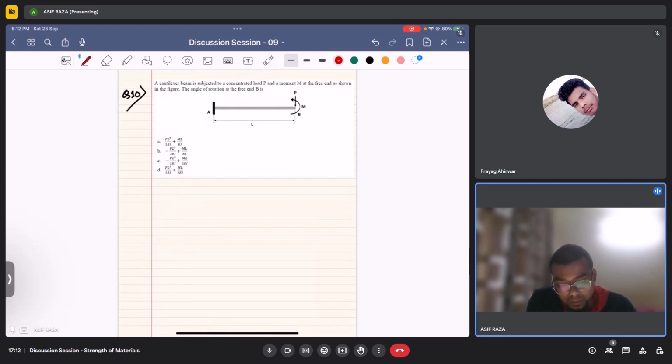A cantilever beam, so this time the system is a cantilever beam, is subjected to a concentrated load P and a moment M at the free end as shown in the figure. The angle of rotation at the free end B is. So should I give you time to calculate this or should I solve this?